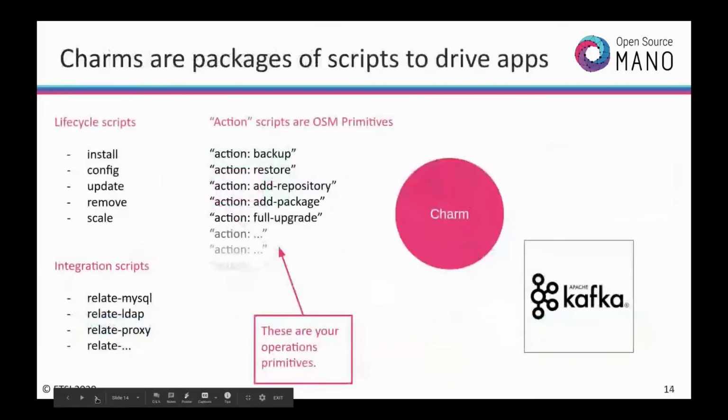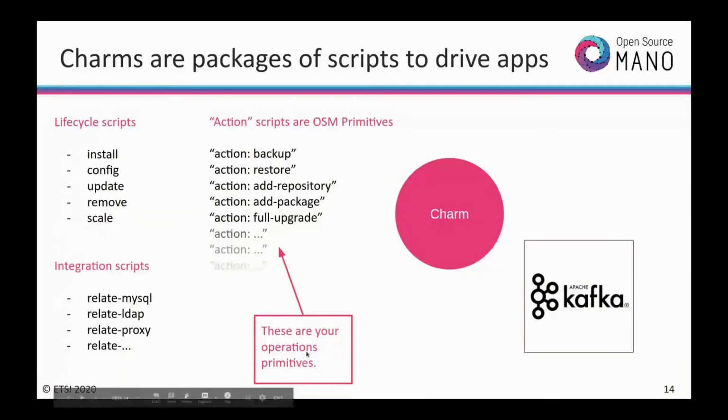So charms are really just a set of packages that can drive applications. We've got things like backup and restore. In the case of the desktop, add repository, add package, perform an upgrade on it. These are all what we call operation primitives. And all of these things can be managed through open source MANO.